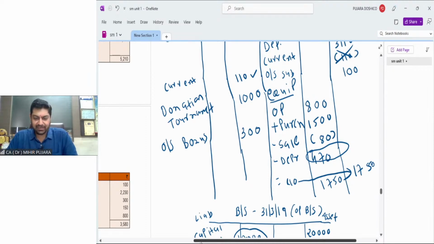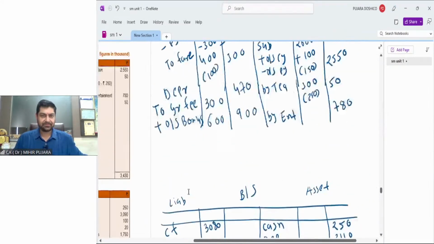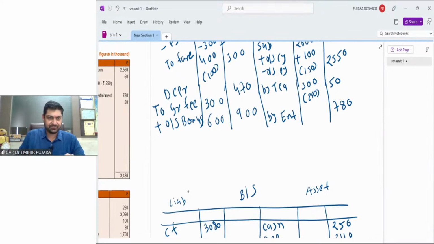Groundman fee and bonus you can club. Yes, I got it. 750 plus 300, 1050.